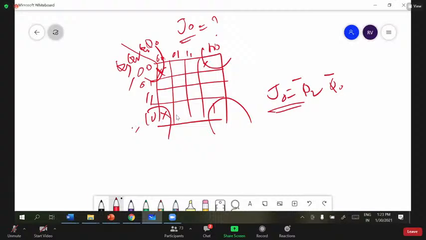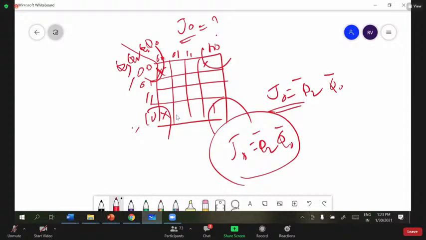So J0 is equal to Q2 bar and Q0 bar. So use them in that counter. Wherever Q2 bar and Q0 bar are there, you can add an AND gate or an inverter circuit and connect all the flip-flops like this, and you can complete the circuit.